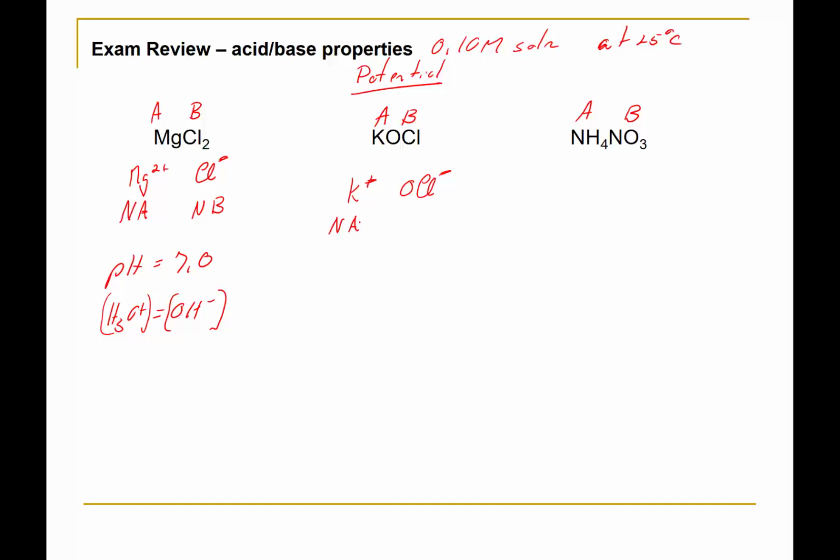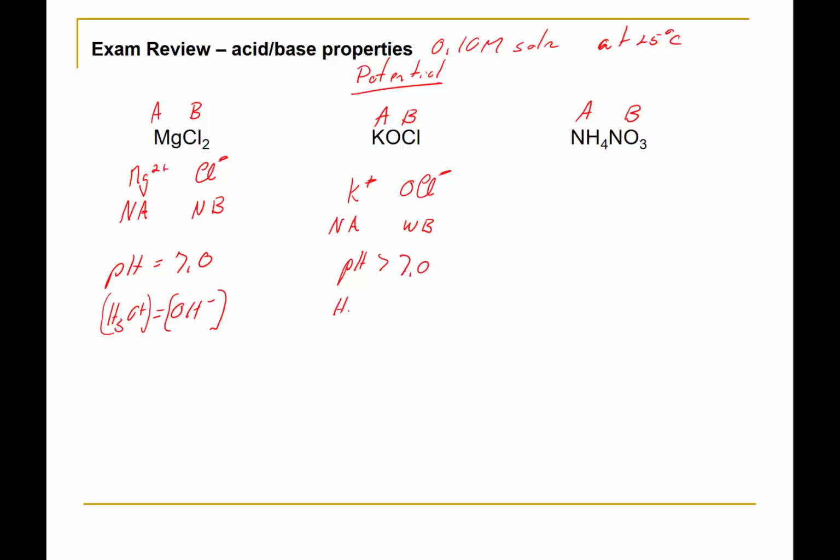Hypochlorite, on the other hand, is an example of a weak base. Hypochlorous acid is not a strong acid. Hypochlorous acid, therefore, is a weak acid, and that gives rise to the conjugate base, which would be a weak base. Now, in this case, we can actually write out a hydrolysis reaction, which would indicate that the pH should be greater than 7 at 25 degrees Celsius.